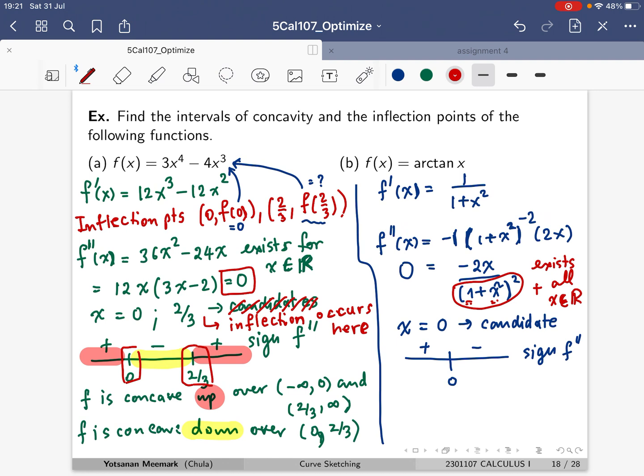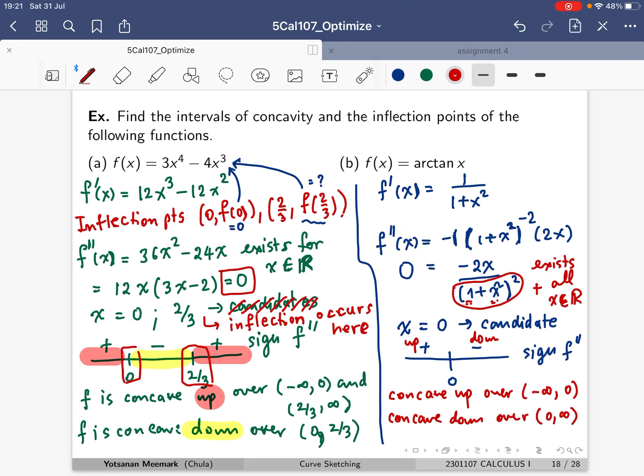So it means that it is changing from concave upward to concave downward, right? Okay, so it is concave up over the interval from -infinity to 0, and concave down over the interval from 0 to infinity.